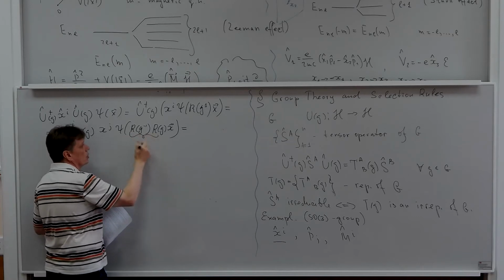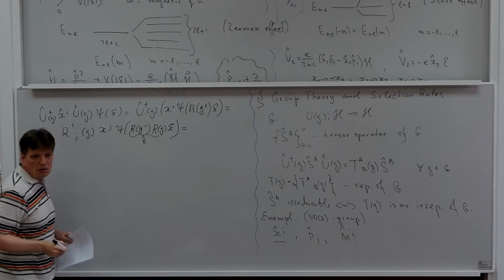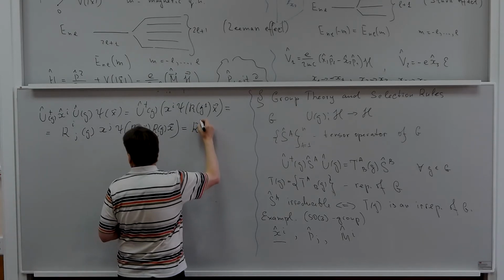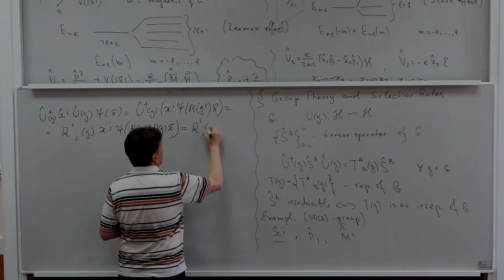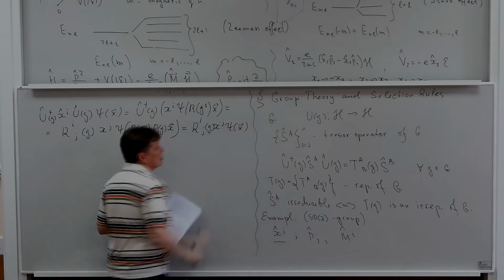This product clearly gives us our unit, and we are left with R_ij of g x_j psi of x.